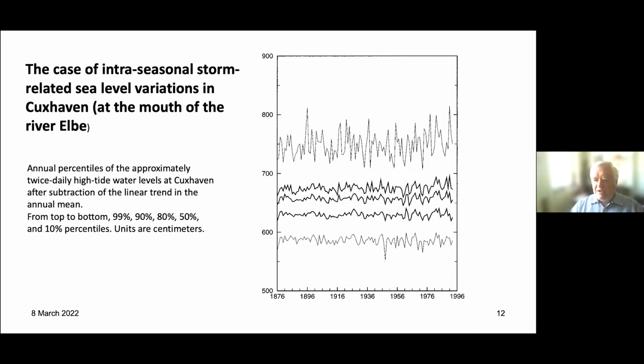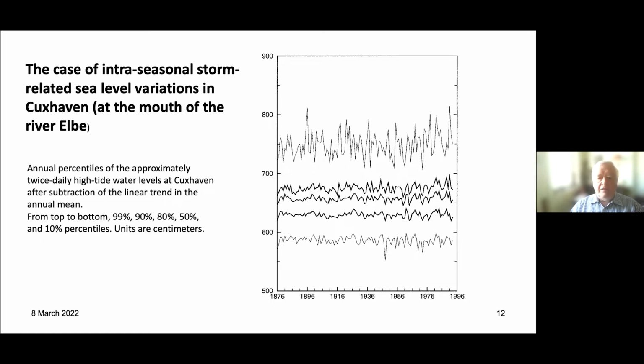Here we have the time series of these quantities, namely the 99 percentile, so 1% of all surges per year are above that, the 90 percentile, second curve on top, that means 10% of all surge water levels are above that, 80, 50, and 10%. And we have subtracted the linear trend of the annual mean.